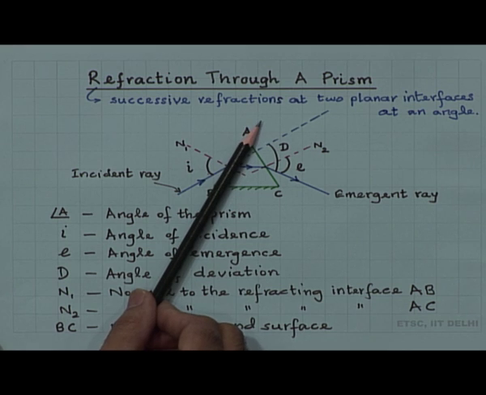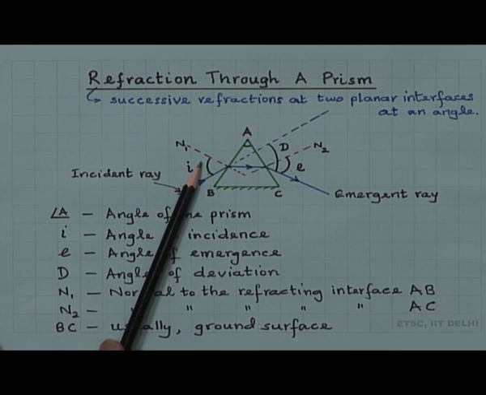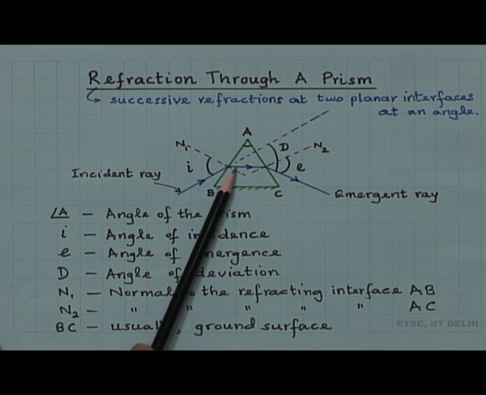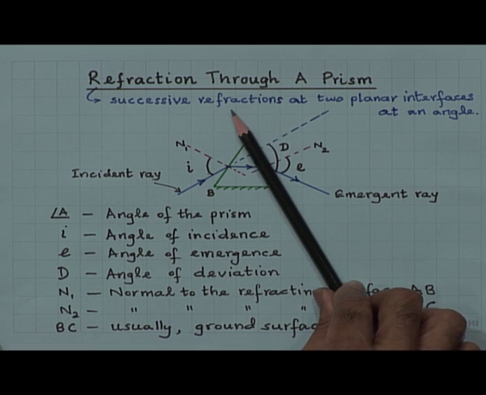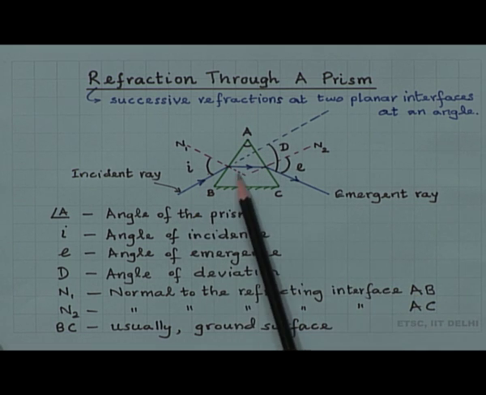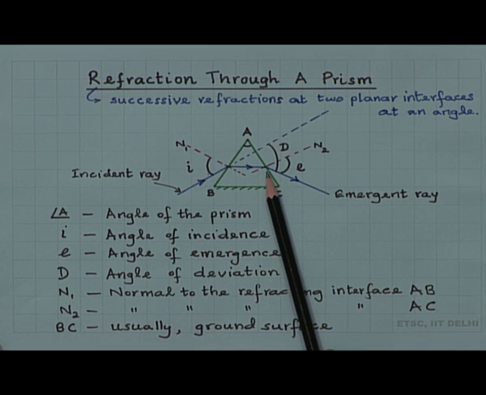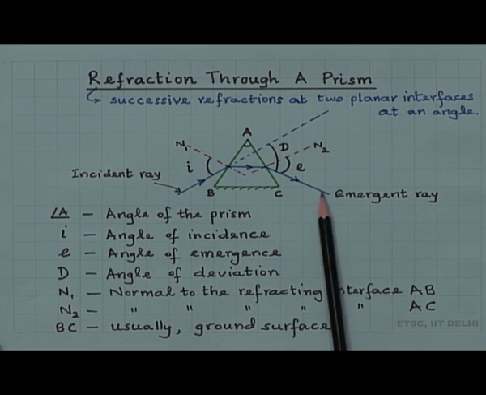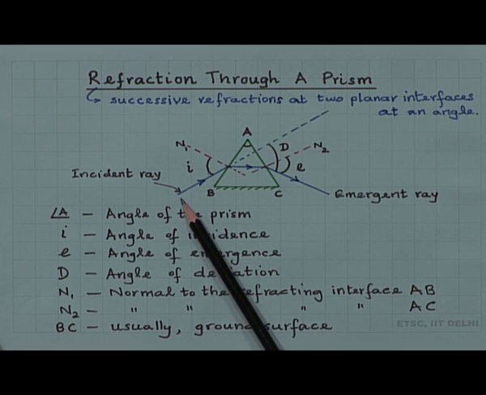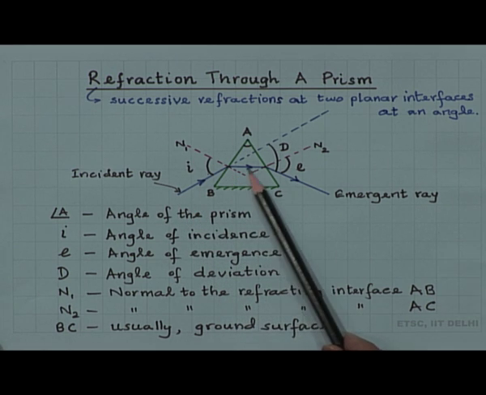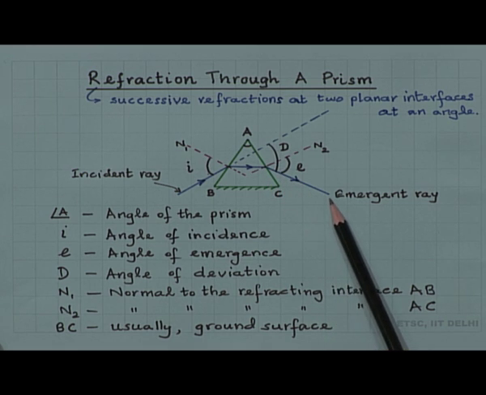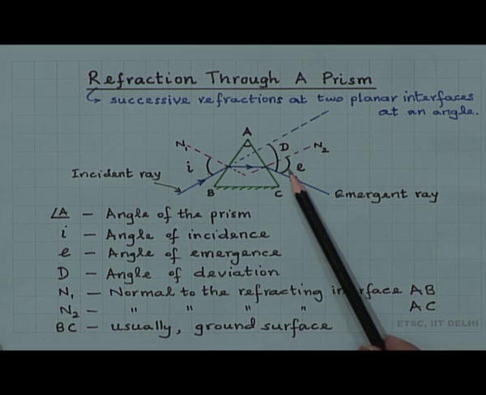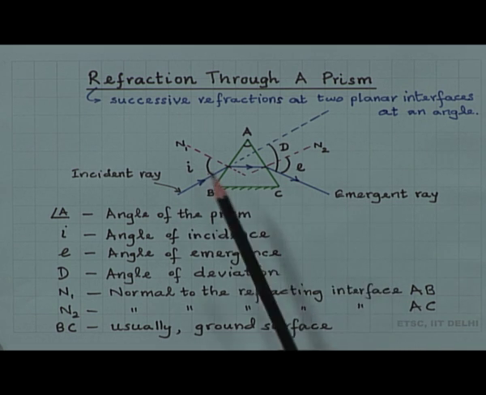One interface is between the rarer medium and the medium of the prism, and the second interface is here. The two interfaces are at an angle, and refraction takes place at the two interfaces, leading to deviation of the incident light. The incident light refracts and again refracts and emerges from here. So, this is refraction through a prism.